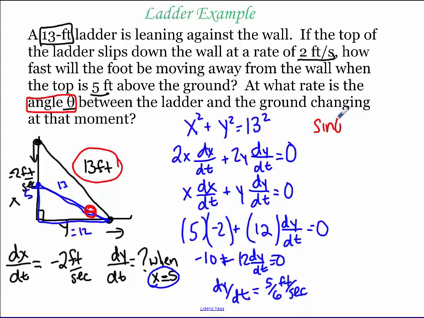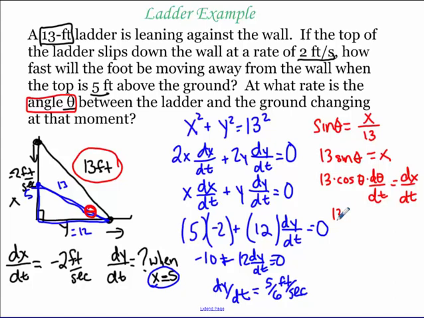The sine of theta is equal to x over 13, opposite over hypotenuse. So really I have 13 sine theta equals x. Now take your derivative with respect to t. 13 times the cosine of theta times d theta/dt, which is what I'm looking for, equals dx/dt.